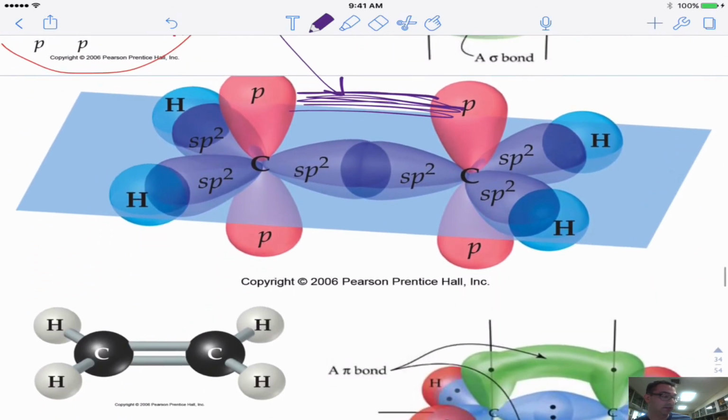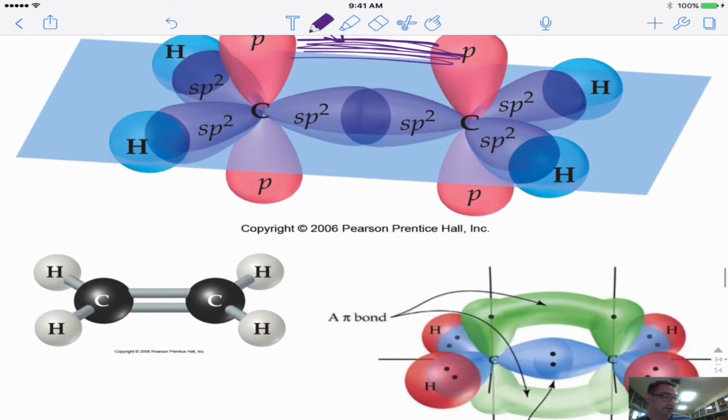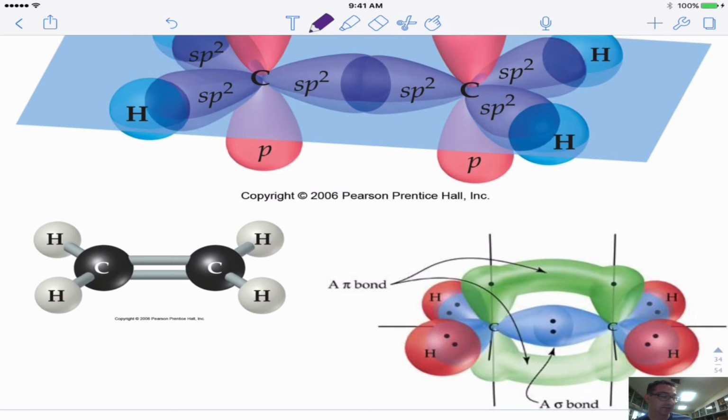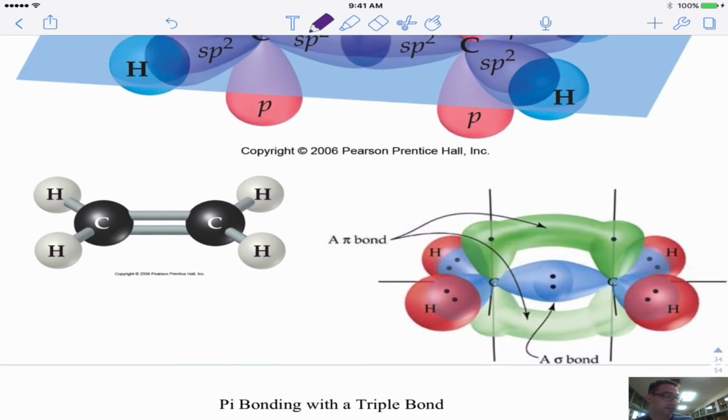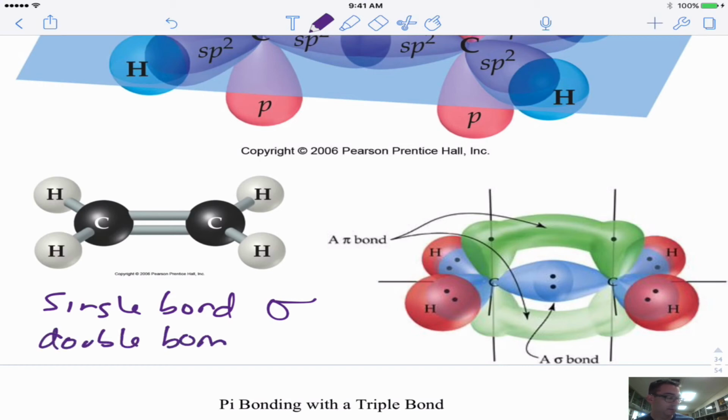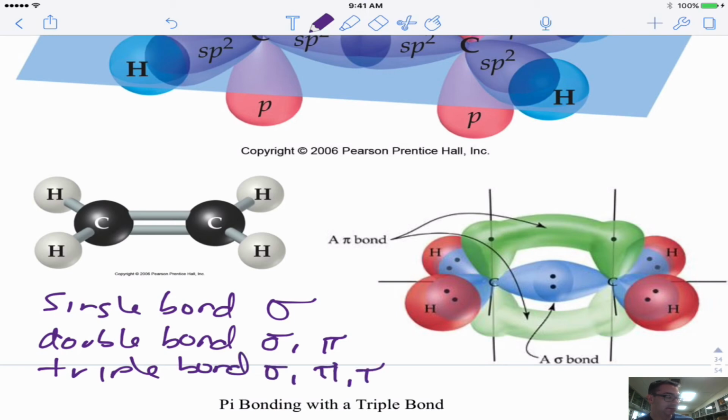Now, what's the general rule for this? Here they show you. The general rule for the sigma and pi is as follows. If you have a single bond, you are considered a sigma bond. If you have a double bond, you have a sigma bond and a pi bond. And if you have a triple bond, which I'll show you below, you have a sigma bond and you have two pi bonds.